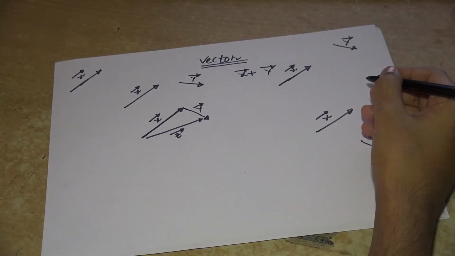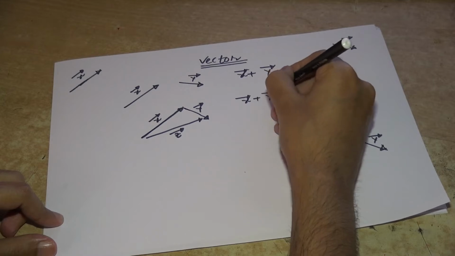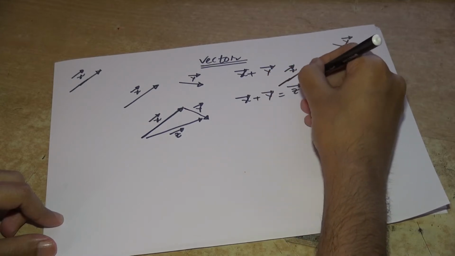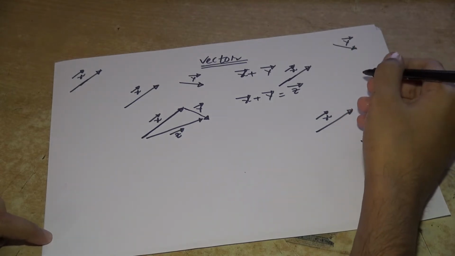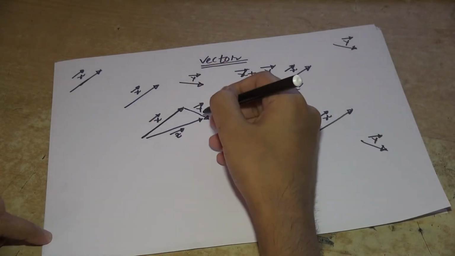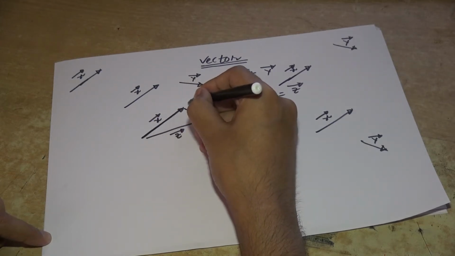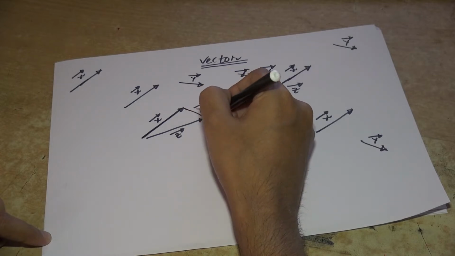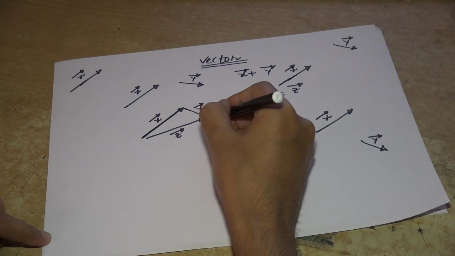And it actually makes sense. If you add vector x with vector y, you get vector z. How? Think of a displacement occurring in this diagram. The displacement of vector x is up to here and the displacement of y is up to here, so the displacement started from here and ended up here.